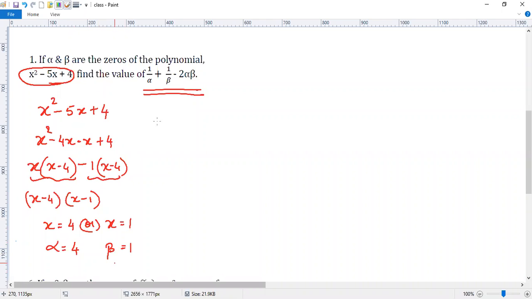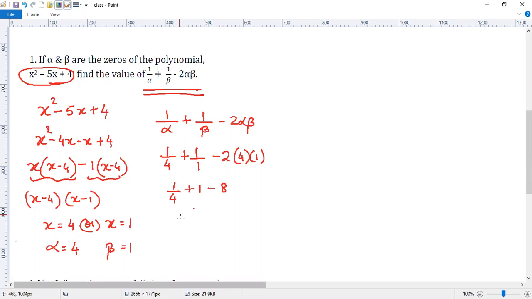Now the expression they have asked is 1 by alpha plus 1 by beta minus 2 alpha beta. So 1 by alpha, what is alpha? 4. 1 by 4 plus 1 by 1 minus 2 times 4 into 1. So what is it? 1 by 4 plus 1 minus 8. Plus 1 minus 8 is what? Minus 7.